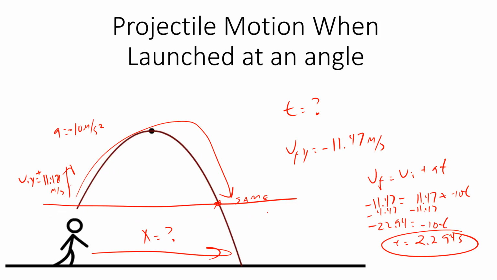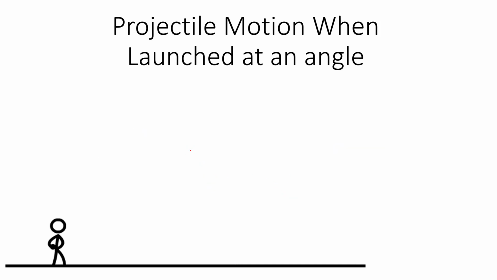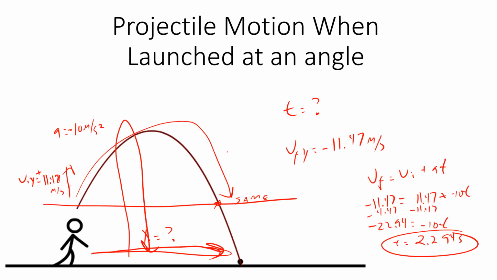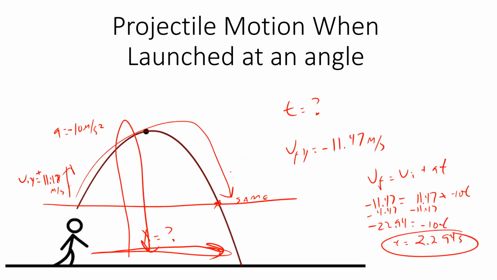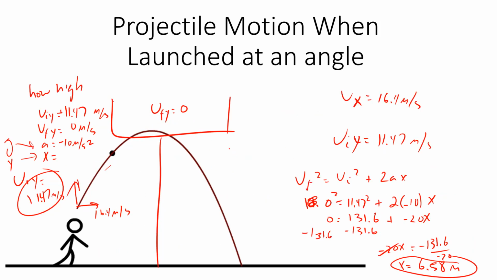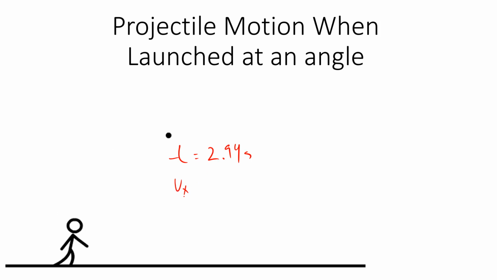Then if I want to find downrange, I would be looking at the x-axis now. I just found out how long it's going to be in the air, how long it takes to go up and back down, and that's the time it has to travel at constant velocity this way. So the time was 2.294 seconds, and the whole time it was traveling with an x component of 16.4 meters per second.